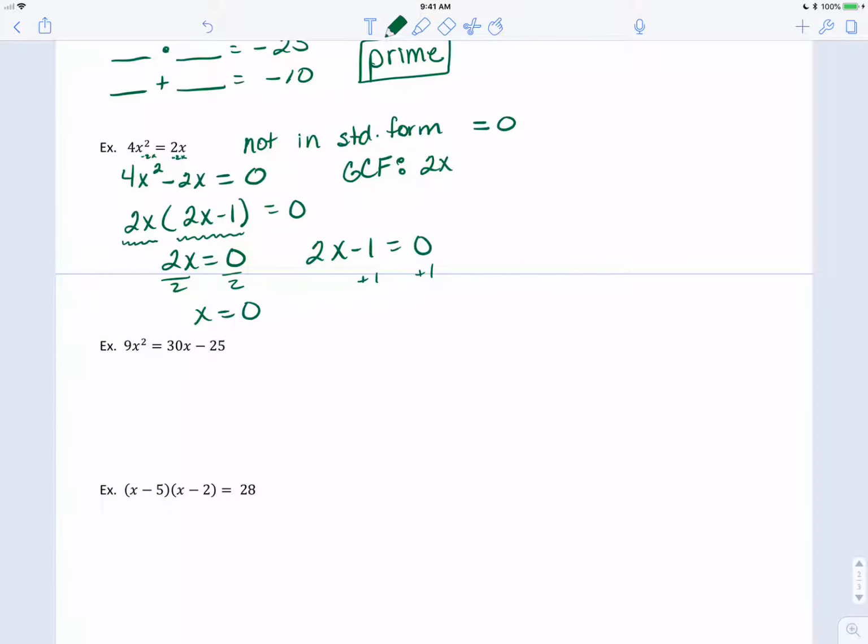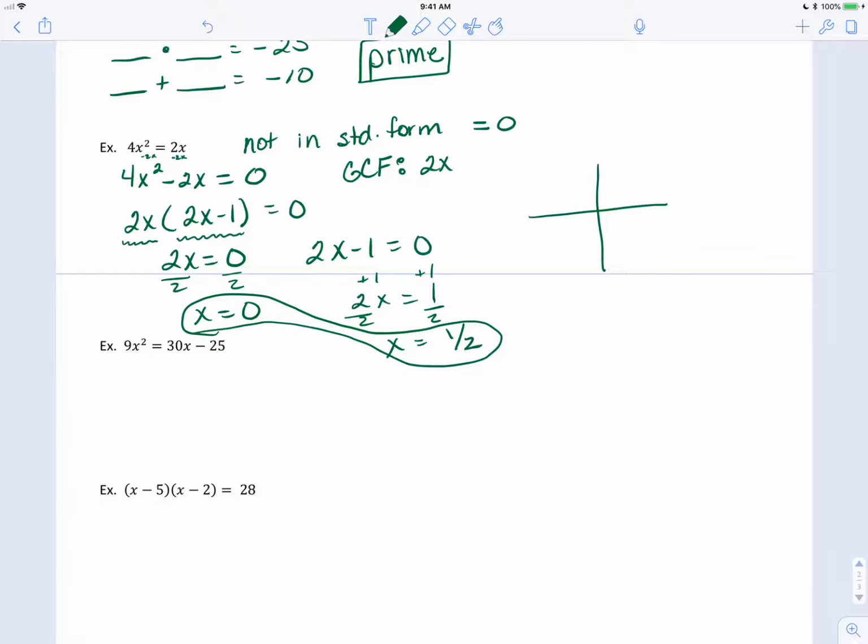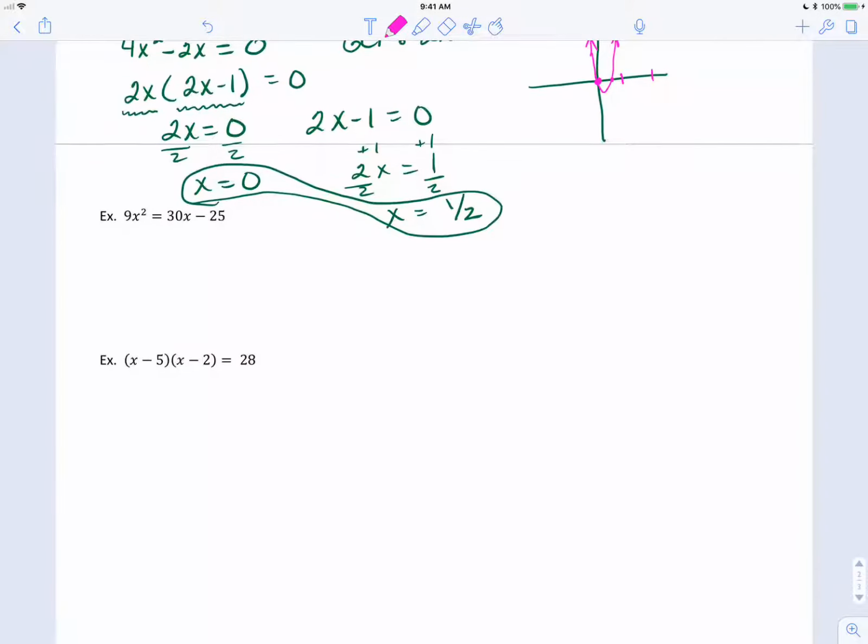If I add 1 to both sides, then divide by 2, x is equal to 1/2. So x is equal to 0 and x is equal to 1/2. And remember, that's okay, because that just means it's going to cross at the 0, and let's say that's 1, that's 2, and it's also crossing here at 1/2. So this parabola looks something like that. All right, let's try a couple more.